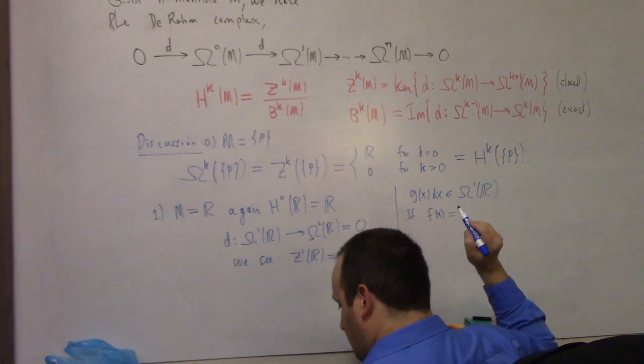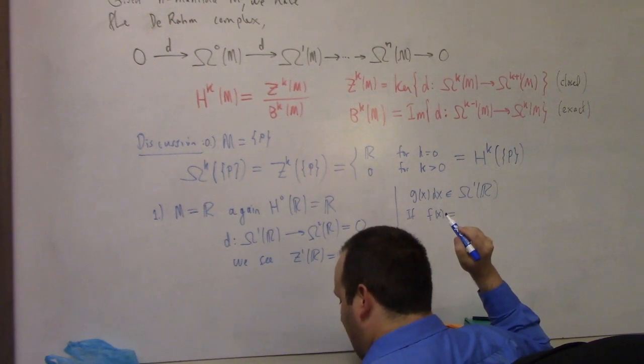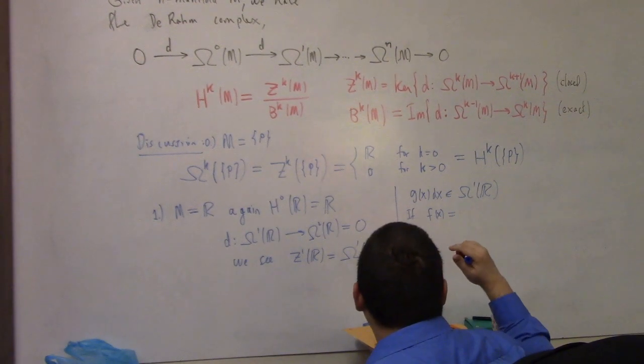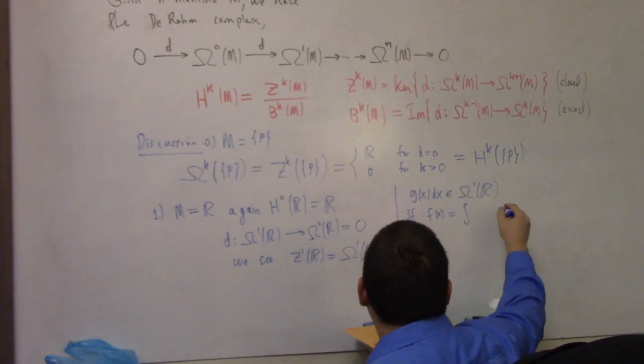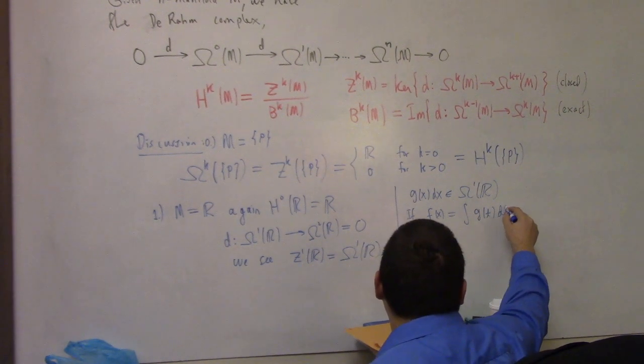I bet you can. You're trying to find a potential for g of x? Yeah, what can I differentiate to get that? Integral, okay, of what? g of x. So I'm gonna trade you that g of x for g of t dt.